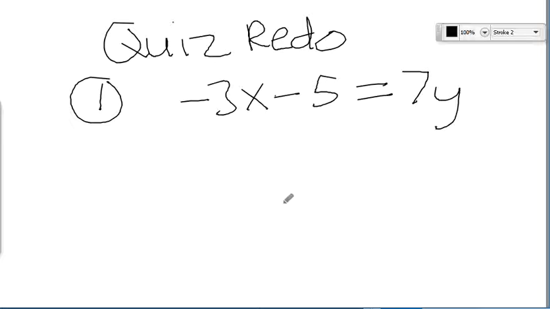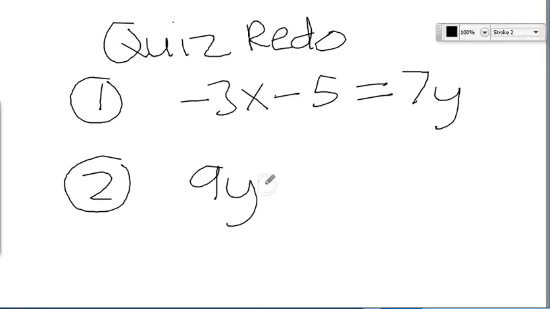Okay, I want you to put this equation into standard form for me. And I also want you to put this equation into standard form. Okay, so this is your quiz redo.